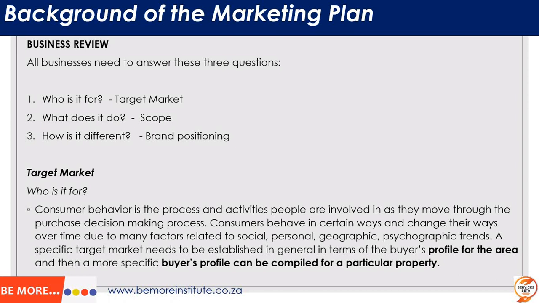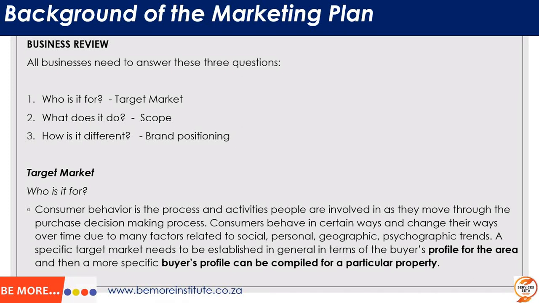So basically, a specific target market needs to be established. For example, in real estate, you profile your buyers for the area. So you know the people who would like to stay in a particular area. So when you are delivering a product, you say, I'll focus on properties in Pretoria East, for example.